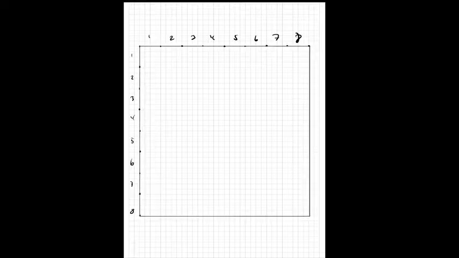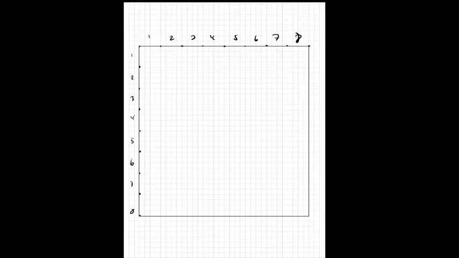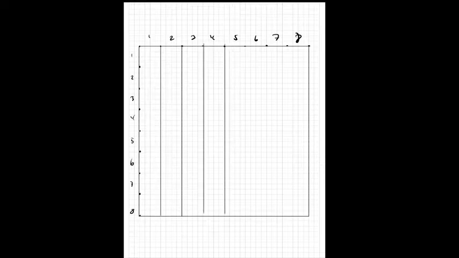I'm just making a chessboard. And then let's copy, paste, and let's go a little bit faster. Copy, paste, and paste.